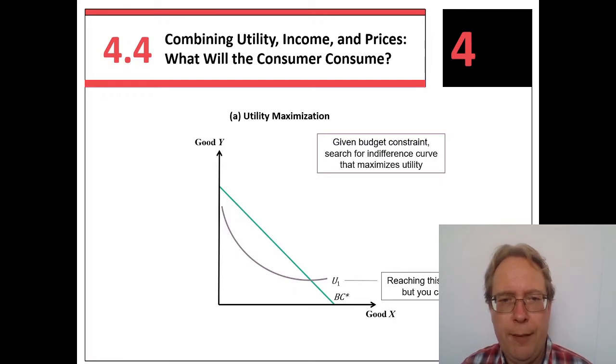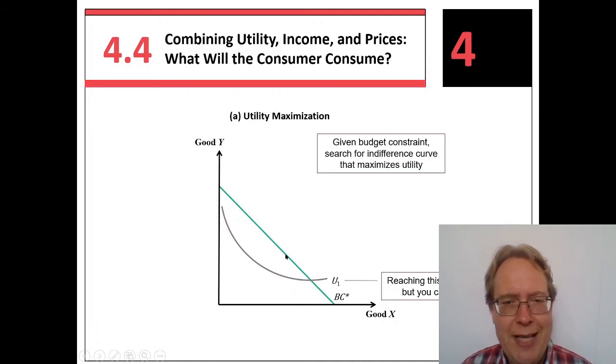Well, first of all, important to note, this utility level is feasible, right? There are consumption bundles that I can afford that are within my budget constraint, and that are also on this indifference curve. So this is feasible. But I can do better, right? I could consume this, but I could also move a bit over here.